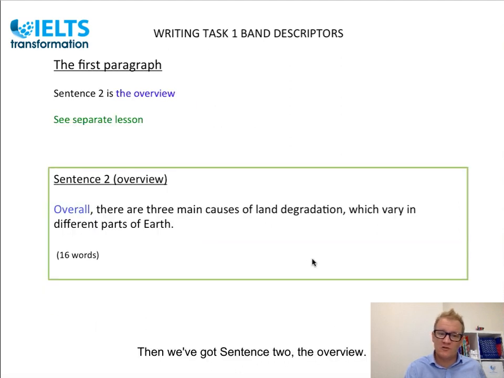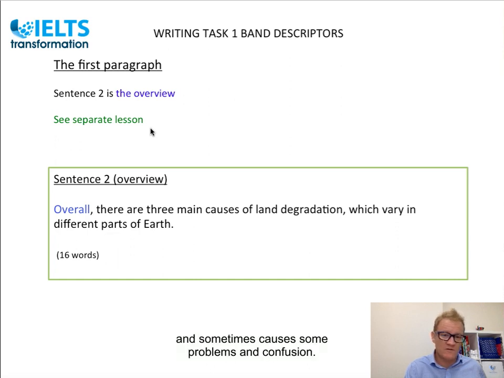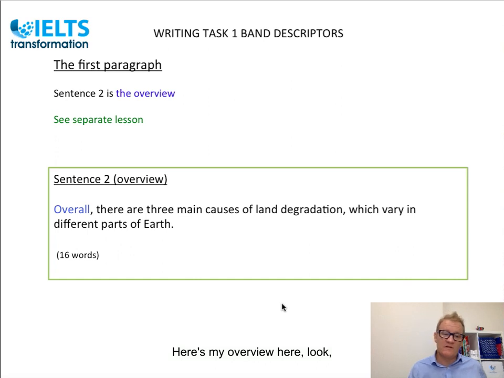Then we've got sentence 2, the overview. I've written a separate lesson on that because it's important and sometimes causes some problems and confusion. Here's my overview here. Look, overall, there are 3 main causes of land degradation which vary in different parts of Earth.